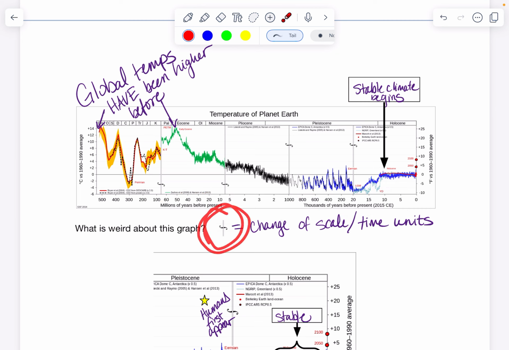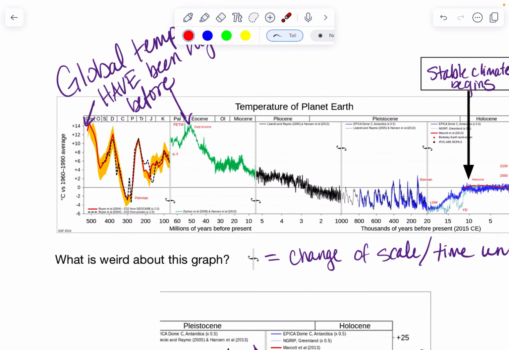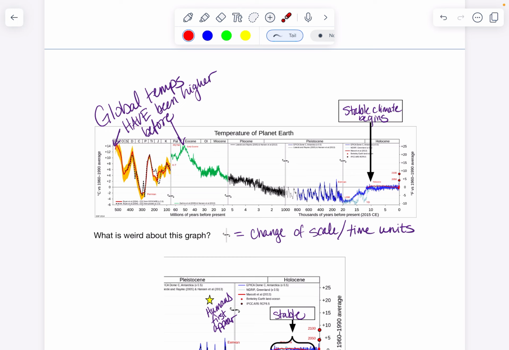This symbol right here that happens on each of these rectangle points tells you that there's a change of scale or time. Each time you see one of these, you can kind of think of it as zooming in on that data. This data would have continued, and then as you zoomed in, it would have an up line right here, and then you can see the finer points within that particular piece of data. So there's a change of units.